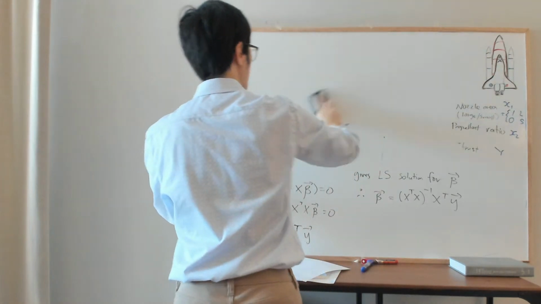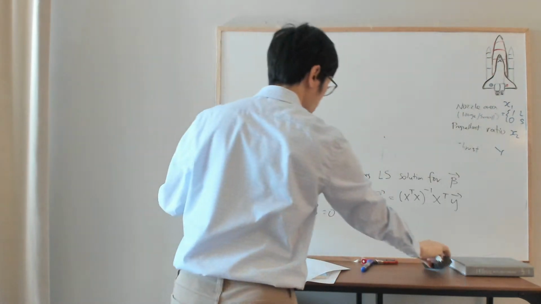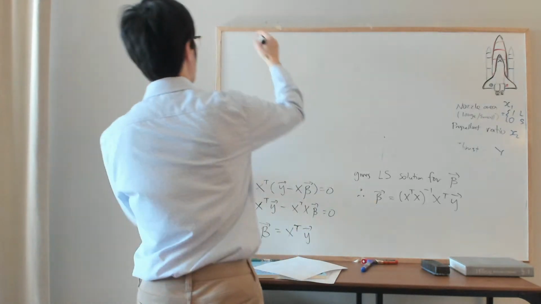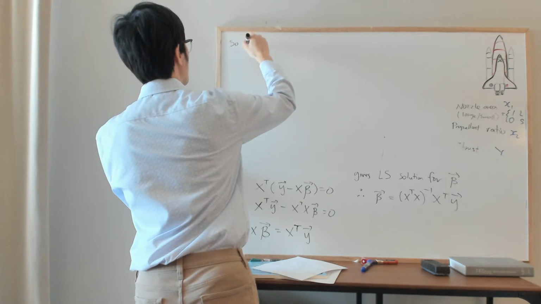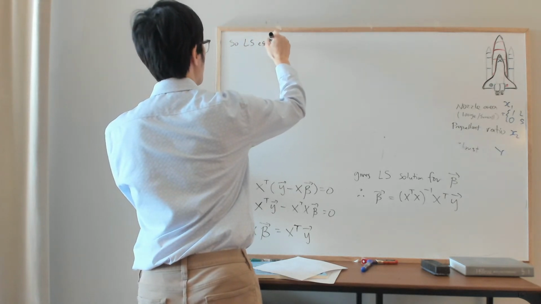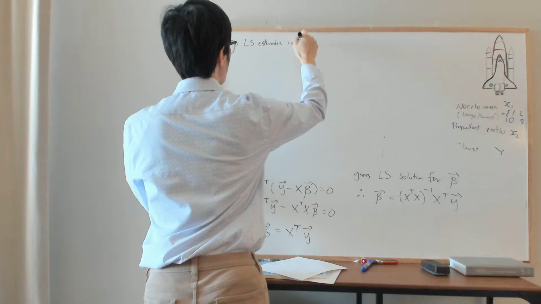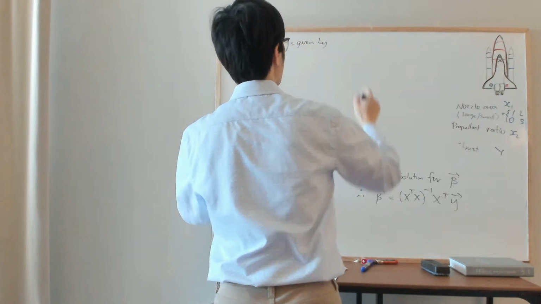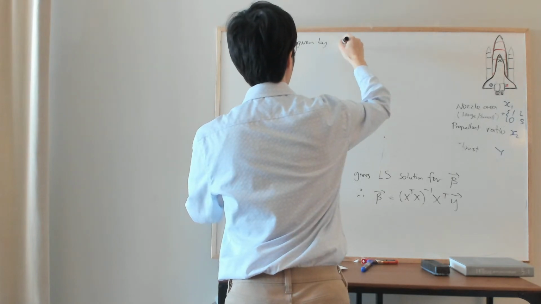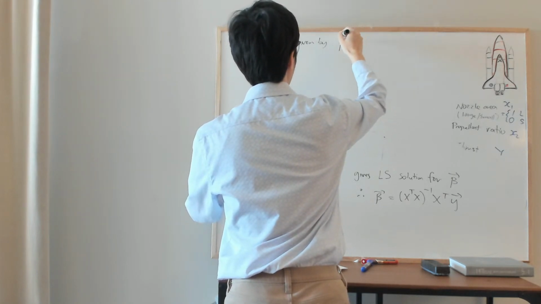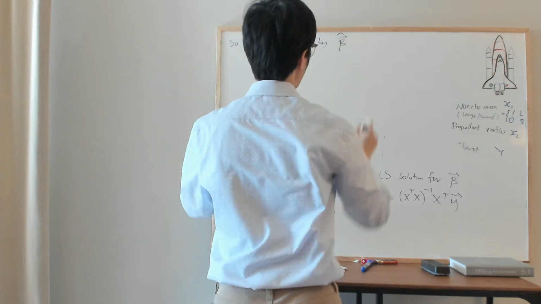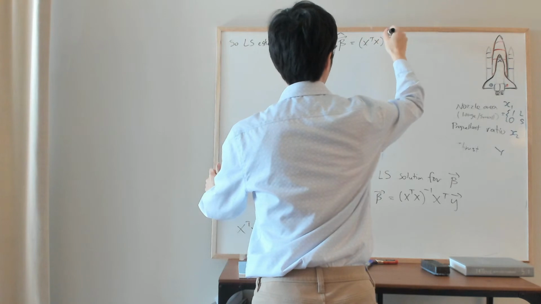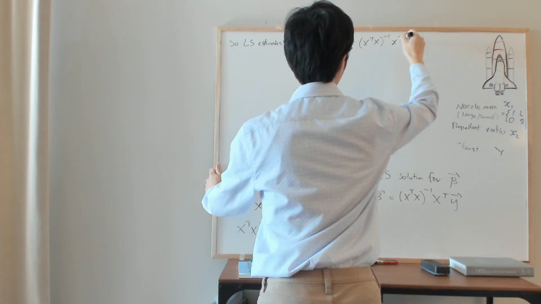Those are the characterizations which would be useful to note here. So the least squares estimate is given by beta hat equals X transpose X inverse X transpose y.